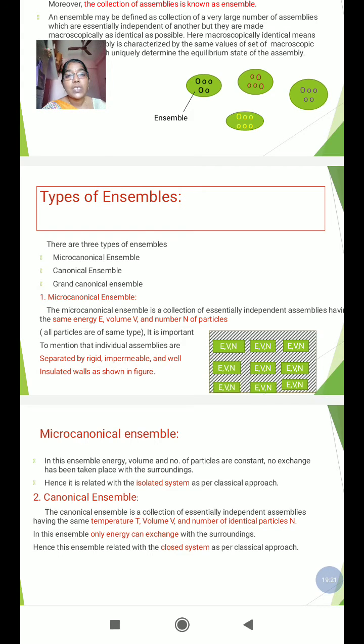So let us see, first one is microcanonical ensemble. In this figure, if you see, all the systems have the same energy, same volume and number of particles. Here the systems are represented by capital E, V, N. E means energy of the system, V means volume of the system, N means number of particles in the system.